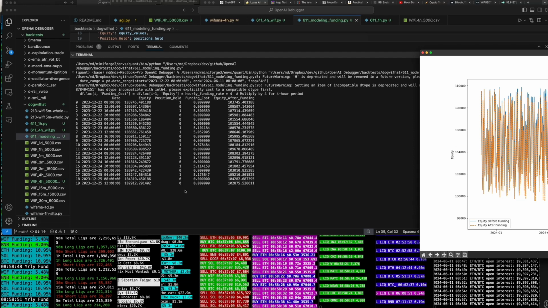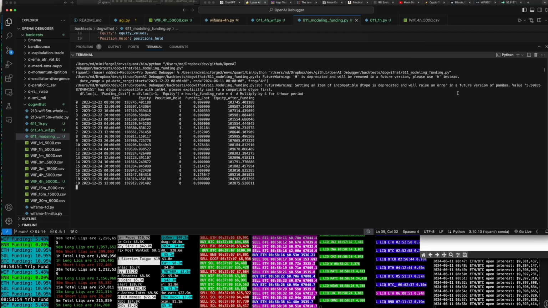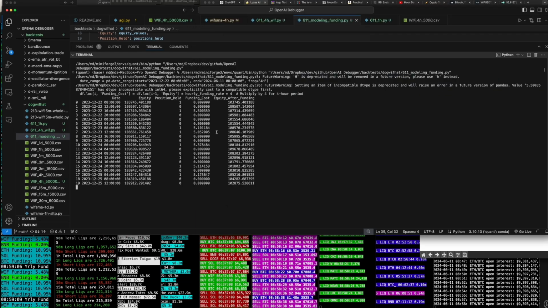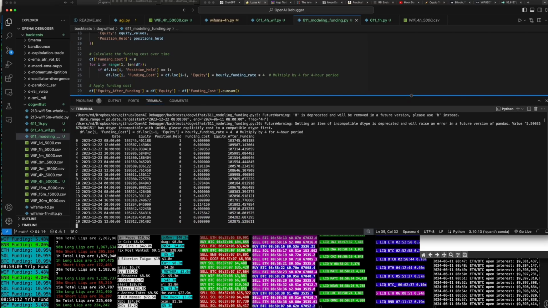So equity versus equity after funding. Let's update this. So it goes for the whole period. Oh, it is. It's just showing me the dot head probably. Yeah, dot head. Okay, sick.